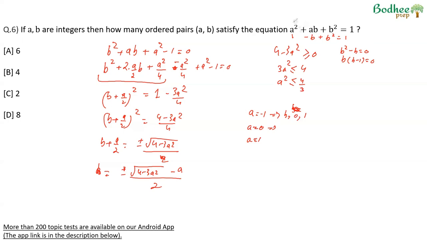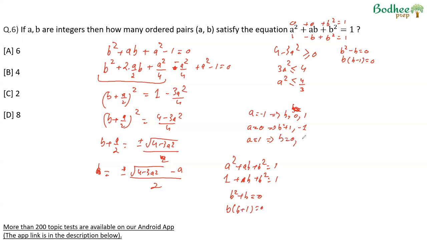When a is 0, we have 0 plus b squared is equal to 1, so b could be plus 1 or minus 1. When a is 1, 1 plus b plus b squared is equal to 1, which means b squared plus b is equal to 0, so b into b plus 1 is 0. So either b is equal to 0 or b is equal to minus 1.